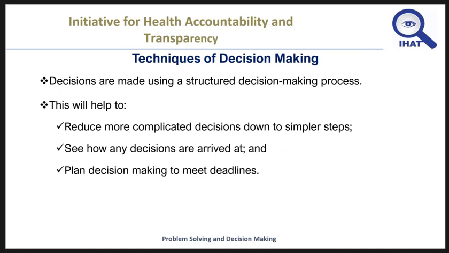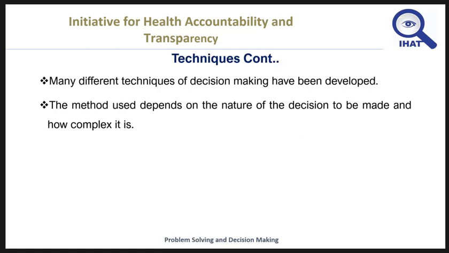Let's briefly look at the techniques of decision making. Decisions are usually made using a structured decision-making process. This will help to reduce more complicated decisions down to simpler steps. It also shows how decisions are arrived at, and it helps in planning decisions to meet deadlines. Many different techniques of decision making have been developed.